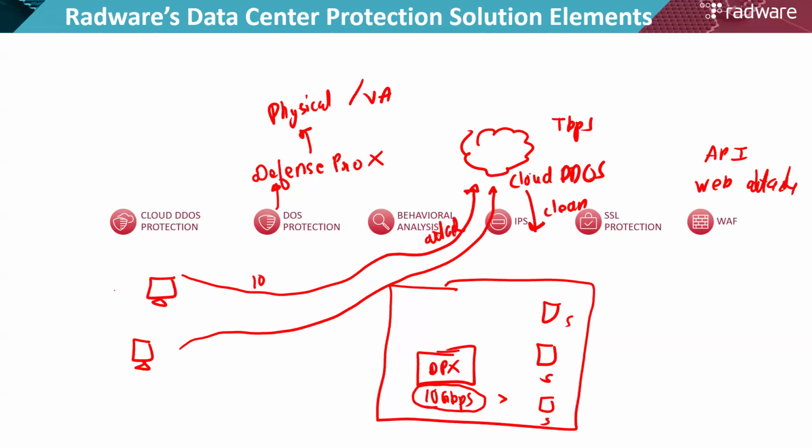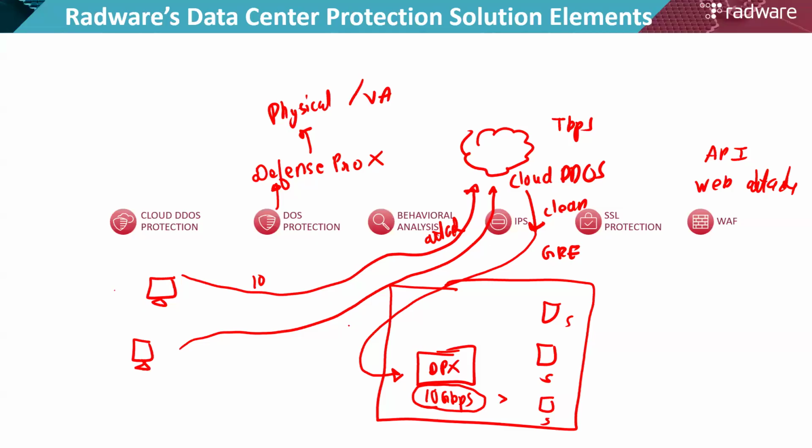This is the attack traffic, and after passing through the cloud DDoS, it will be cleaned. That clean traffic can then be sent to the local Defense Pro device or to your organization using GRE tunnels. All this can be automated as well.